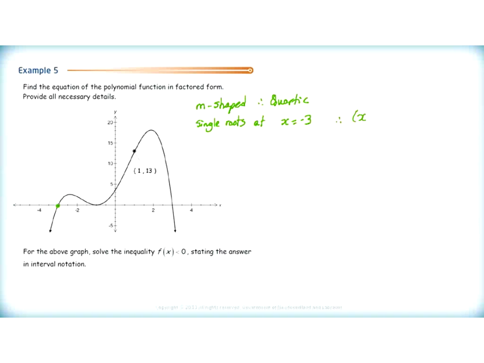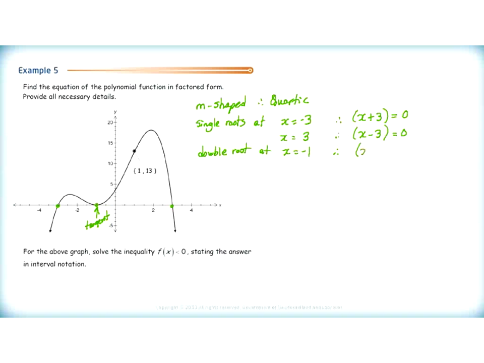Therefore, we have x plus 3 equal to 0 as one of the factors. Another single root occurs at x equals a positive 3. Therefore, x minus 3 equals 0 has a multiplicity of 1. And then we have a double root at x equals a negative 1 because the graph is tangent at that point.